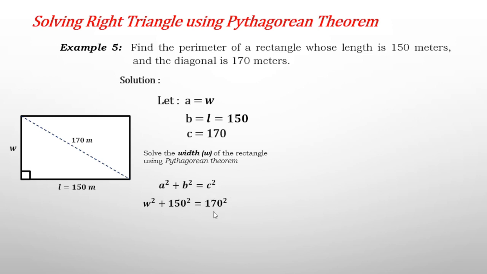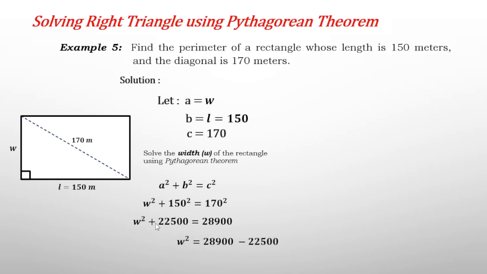So as we are going to simplify further the equation, just copy w squared and then simplify 150 squared, that is 22,500, equals, then simplifying now 170 squared. So 170 times 170 is equal to 28,900.